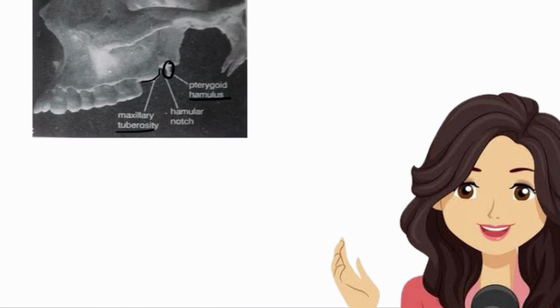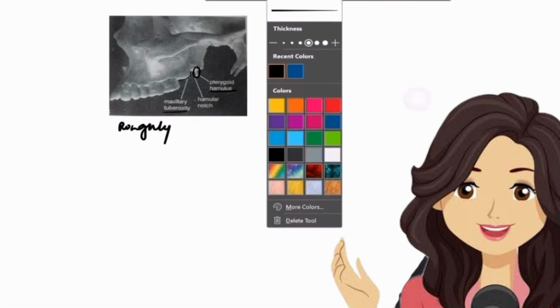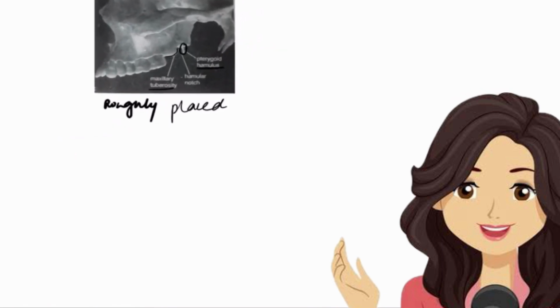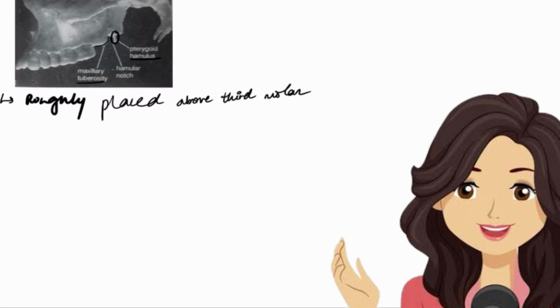It is the terminal part of your denture, and it is roughly placed above the third molar. It will form the posterior extent of the denture.